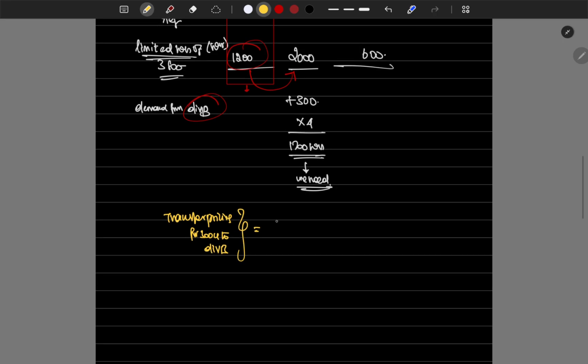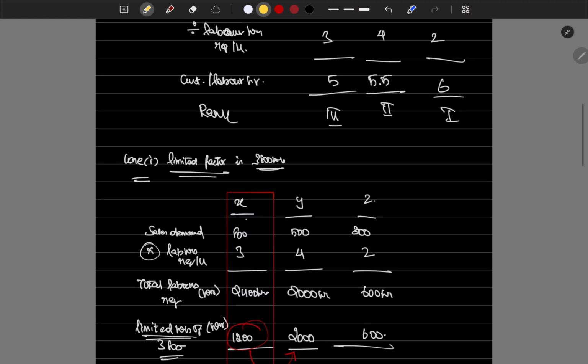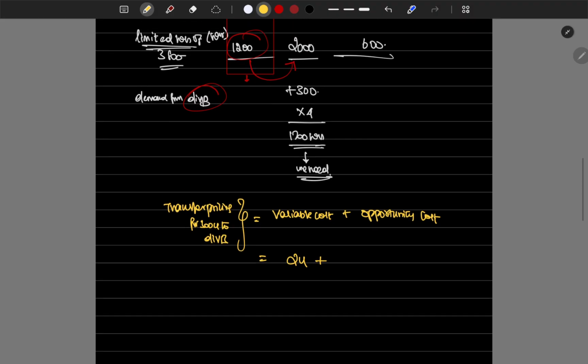Okay, variable cost plus opportunity cost. What's the variable cost of product Y, which is 24, plus opportunity cost. What's the opportunity cost here?